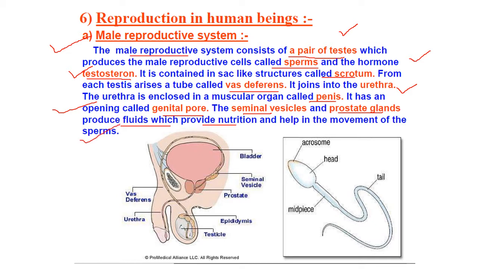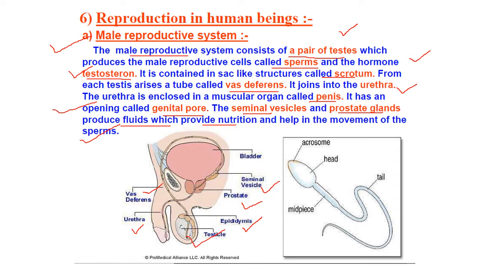You can see in the diagram, this is the urethra, this is the vas deferens, and this is connected to here. This is the seminal vesicle, this is the prostate gland, and this is the epididymis, and here are the testicles.